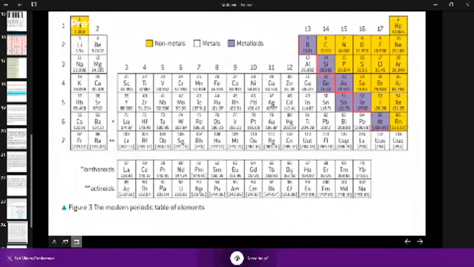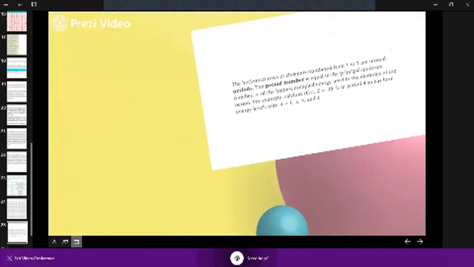So now we have the modern periodic table, showing clearly the non-metals, the metals, and the metalloids. Clearly, everything is clear. And this is now what we call the modern periodic table.